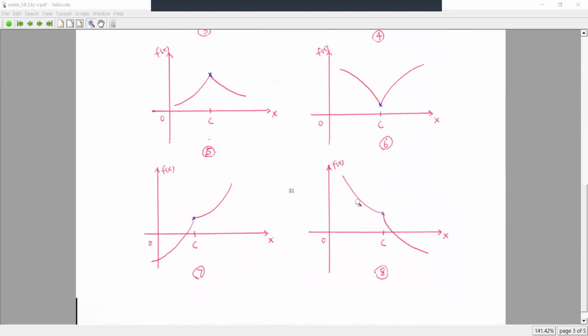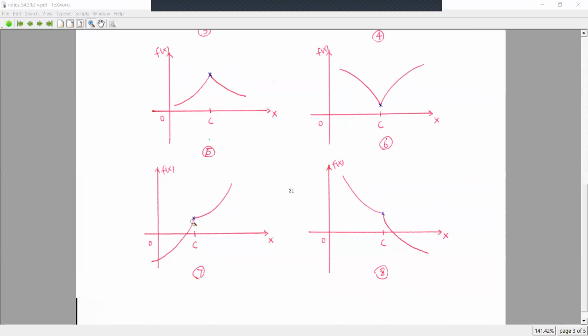Then cases 5 to 8 correspond to a critical point where the graph has a corner. At the corner, the derivative doesn't exist. Case 5, the function has a maximum. Case 6, the function has a minimum. Case 7, the function has no maximum, no minimum.